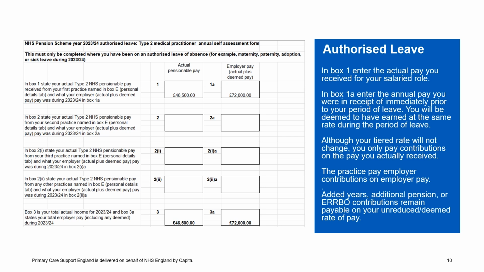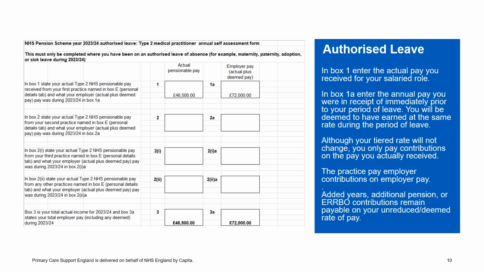The practice pays the employer contributions on the full employer pay, and if you are contributing towards added years or additional pension or ERBO, then the full unreduced pay is used to calculate the annual contributions or the additional contributions as well.